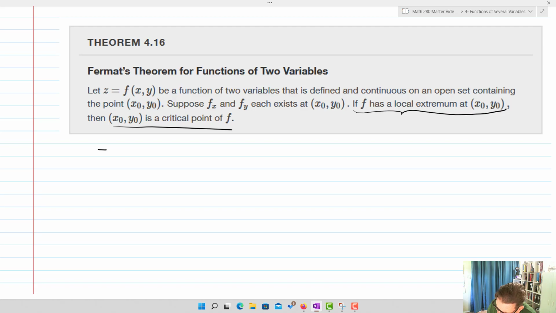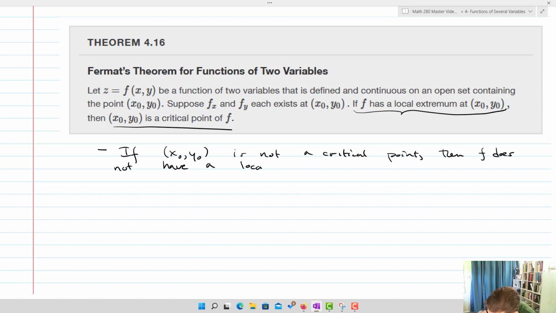Basically this is saying if x naught, y naught is not a critical point, then f does not have a local extremum at that point. That's what's called our contrapositive.